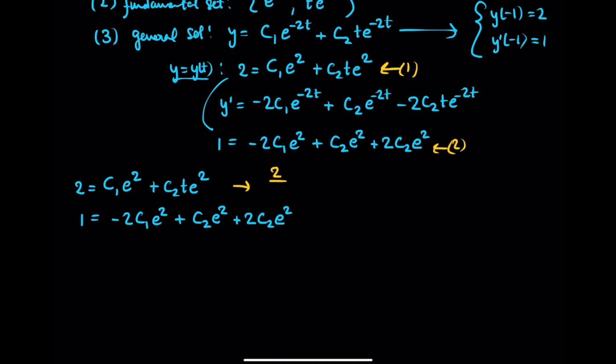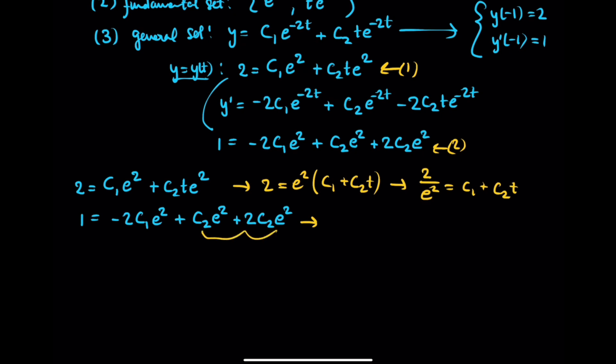So 2 equals e to the 2 times (c1 minus c2), and I'm going to bring the e to the 2 to the other side, c1 minus c2, like so. There you go. And then we want to do the same thing here as well. We're going to combine these two, and these two will become c2 e to the 2.